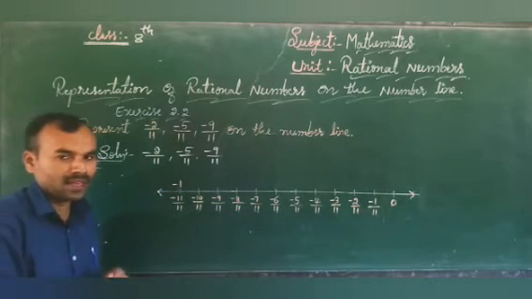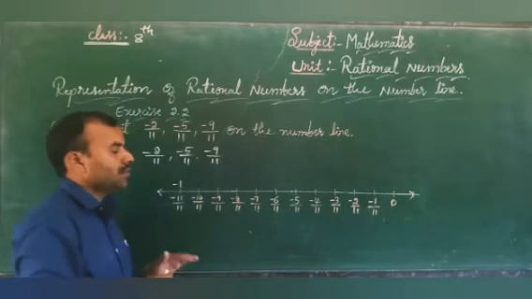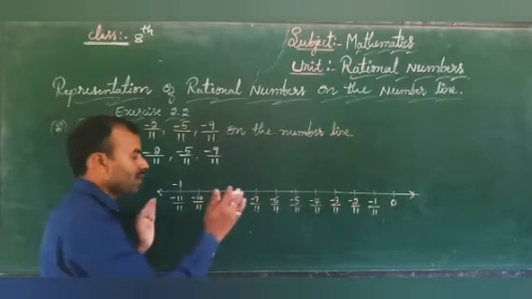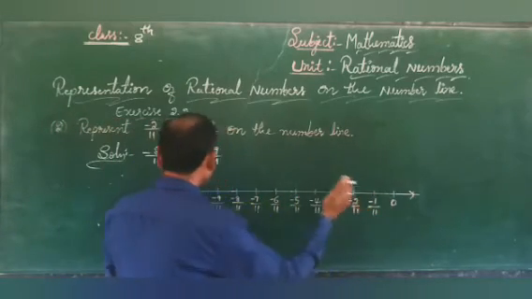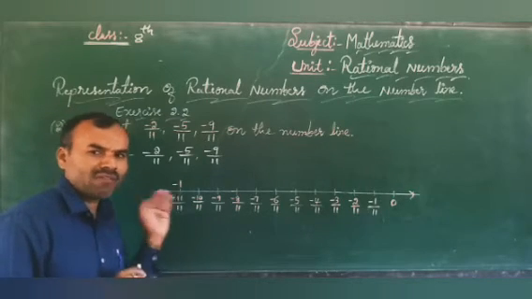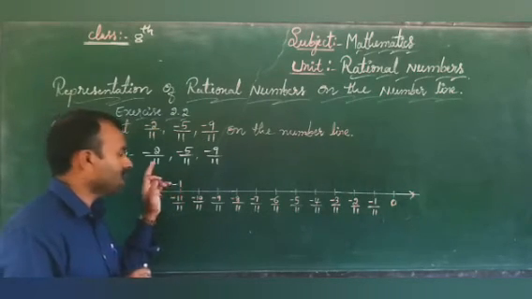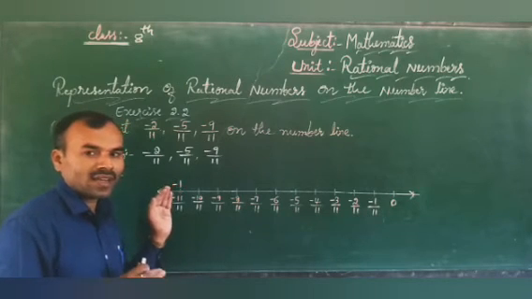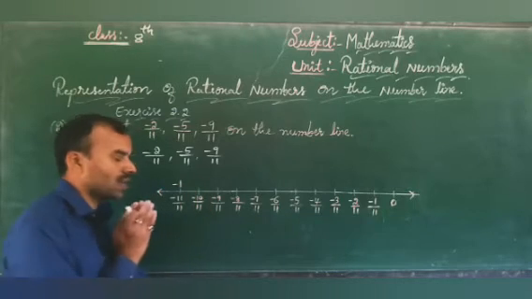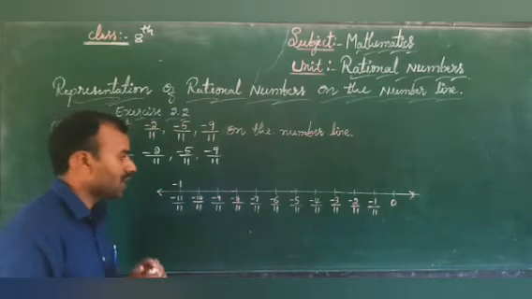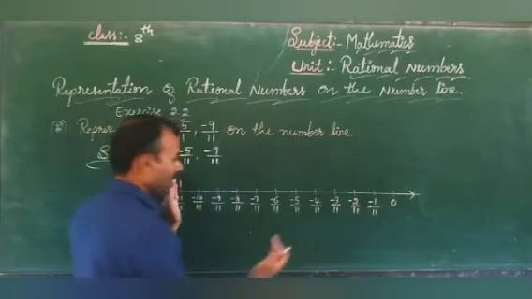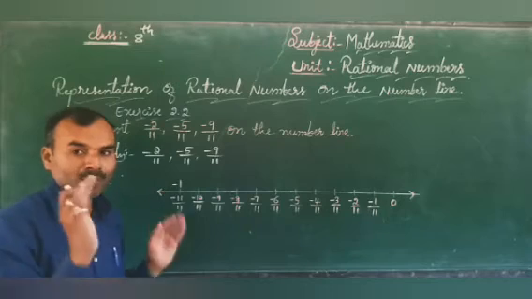Isn't it? Like the previous problem, similarly I divide the number line from 0 to minus 1 into 11 parts.